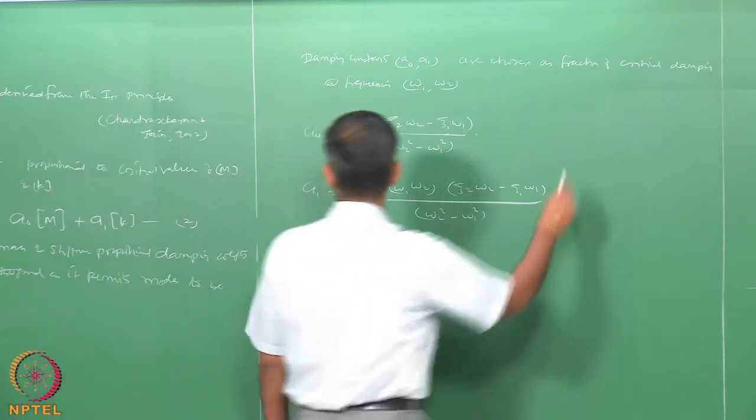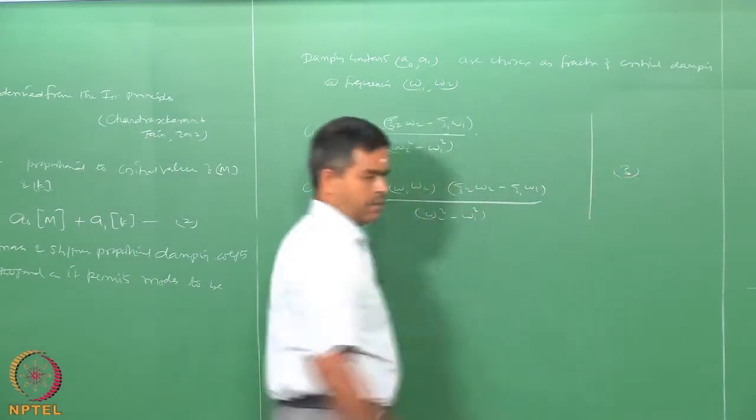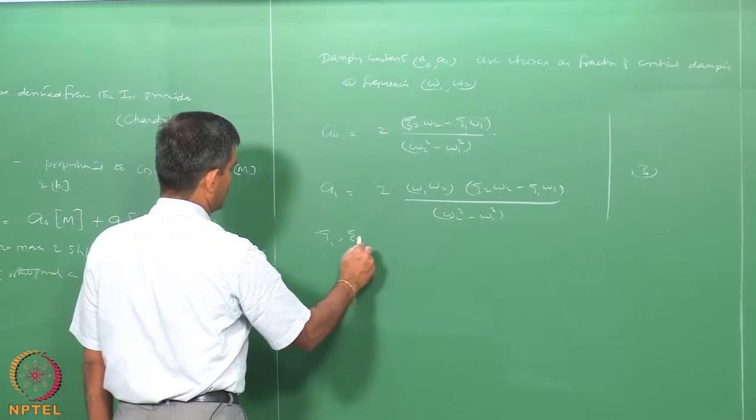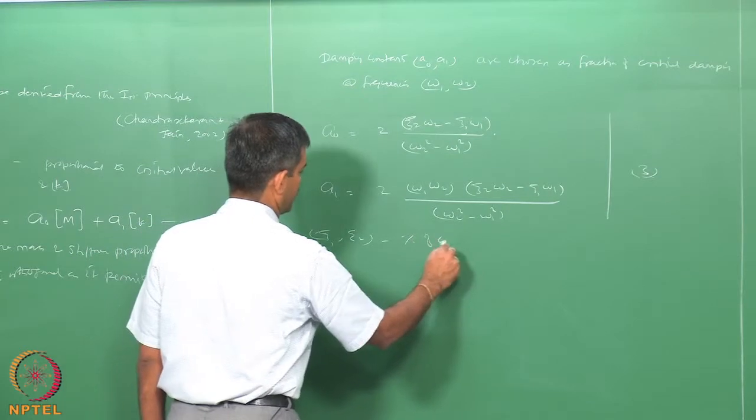So, I call this equation number 3. So, the damping coefficients zeta 1 and zeta 2 are taken as certain percentage of critical damping.